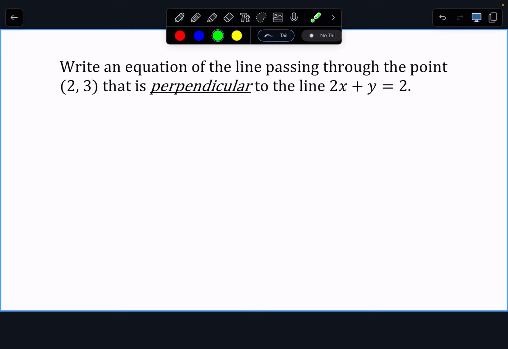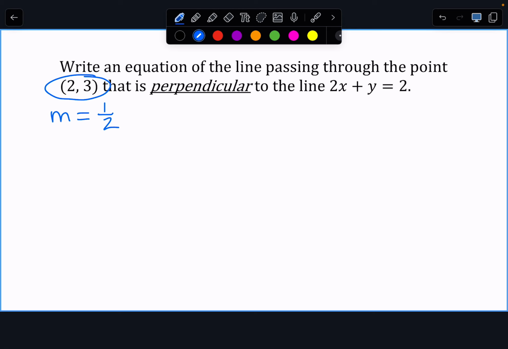All right. We have a coordinate of 2, 3. What's the slope of our new line, Derek? Derek says 1/2. Yes.